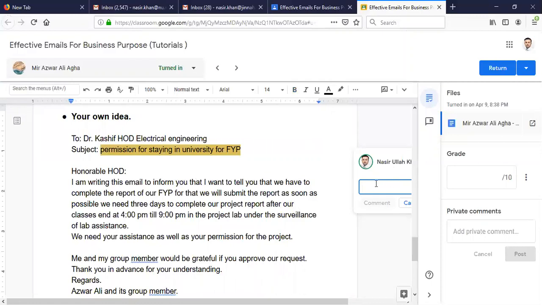And secondly, the punctuation issue is there. As I have already told you, keep the first letter of each word capital. That's a practice we usually follow, except for the prepositions and articles.